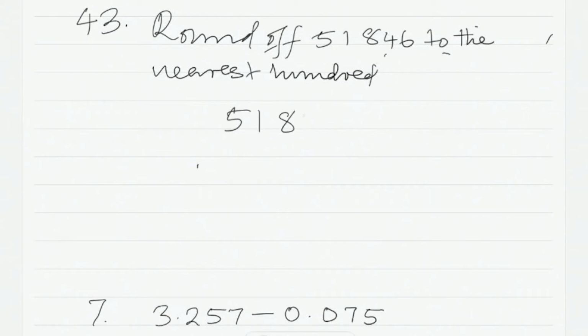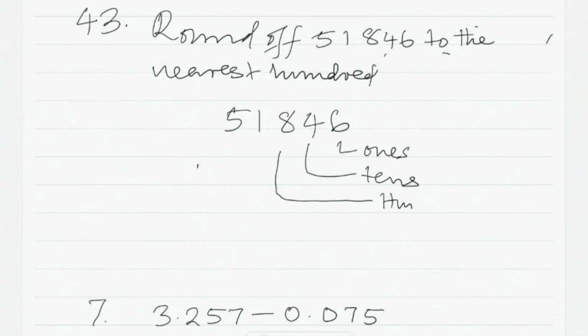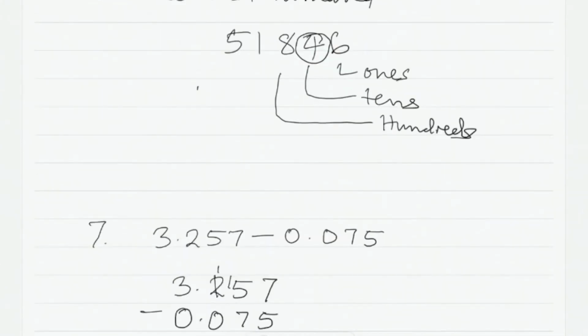So 51,846. This one here, 6 stands for ones. 4 stands for what? Tens. And this one stands for hundreds. So our question says the nearest 100. So the number to be considered is 4.